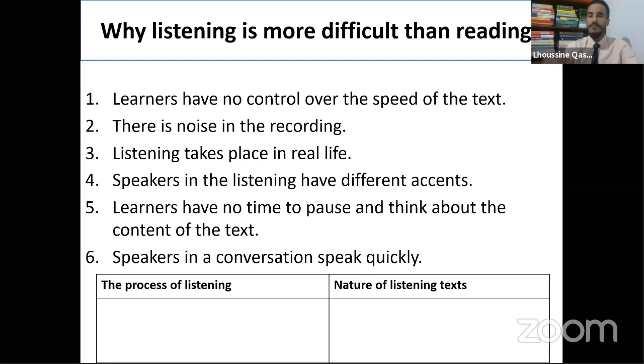Okay, now I would like to give you 2 minutes. Do number 2, 3, 4 to 6. Okay, just try to write the right answer. Is it the process or the nature of listening text? Okay.